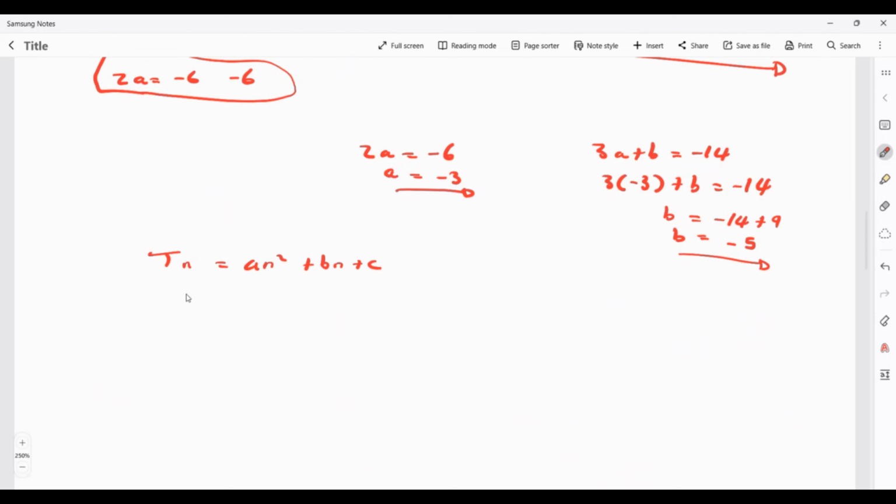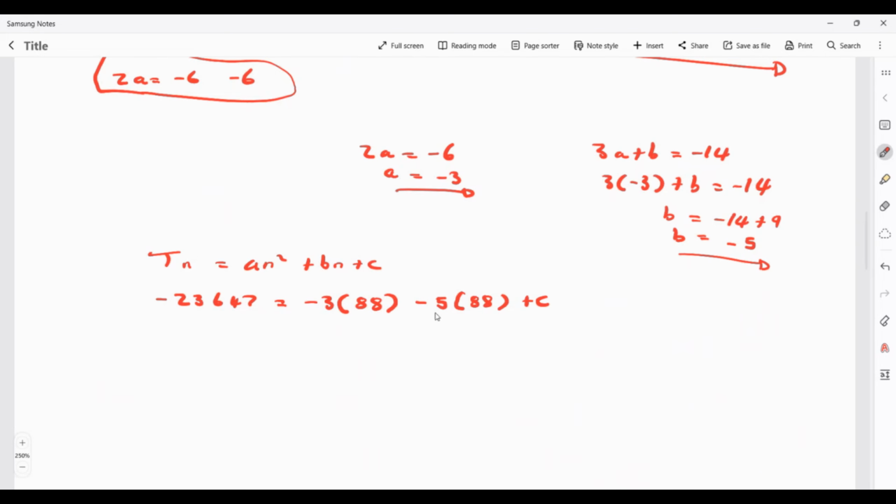So this one would actually be, they said -23,647 is equal to, what is your a? Your a is -3, then you have 88 squared, and then your b is actually -5. I have -5 times 88 over there. And then what about my c? My c, I don't know.